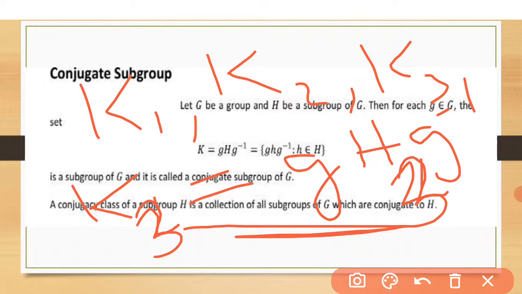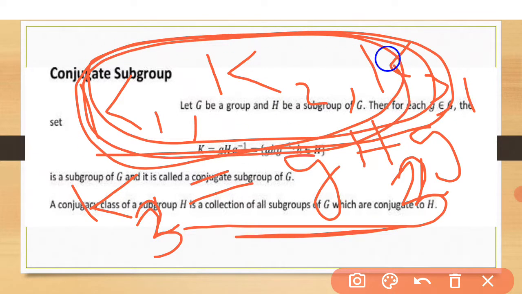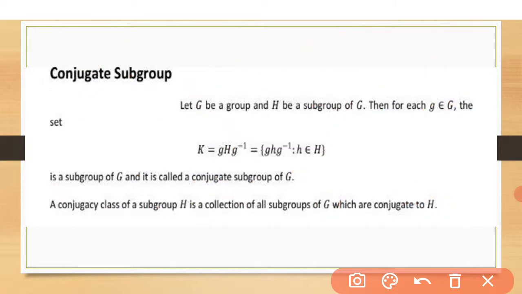K1 is the conjugate of H1, K2 of H2 and K3 of H3. Then this class is called the conjugacy class. A conjugacy class of subgroup H is the collection of all subgroups of G which are conjugate to H, and K1, K2, K3 are all conjugate to H.